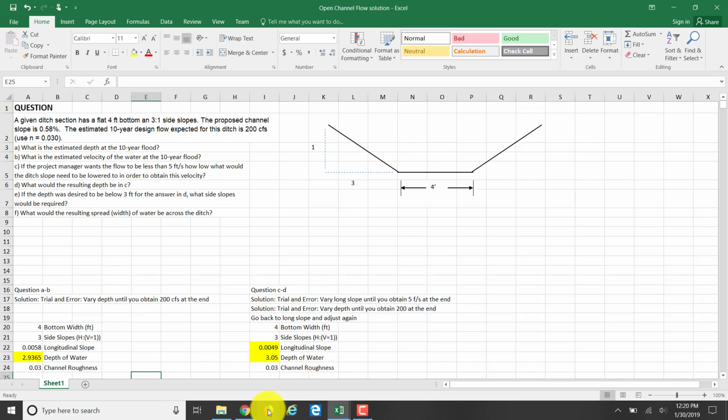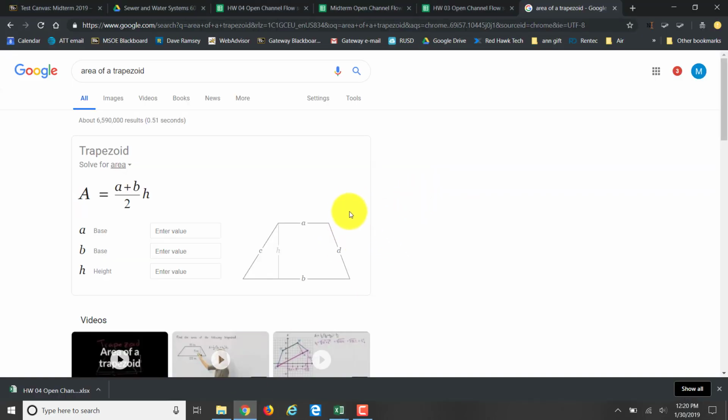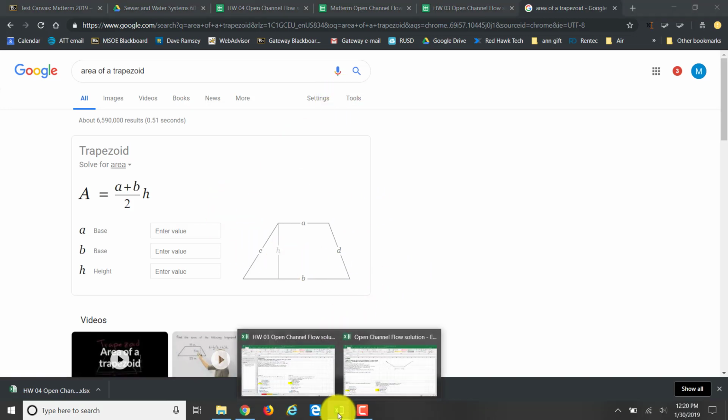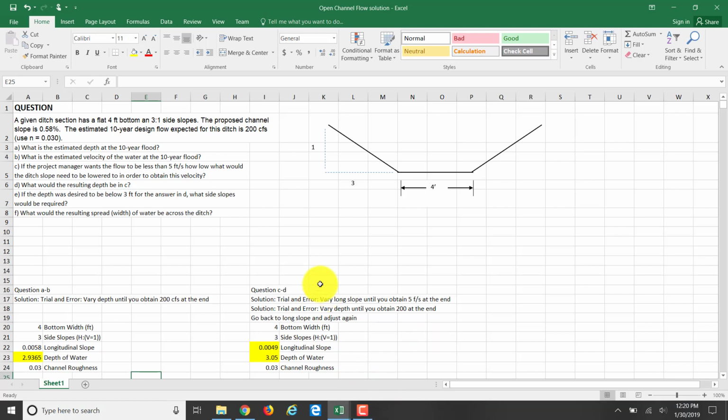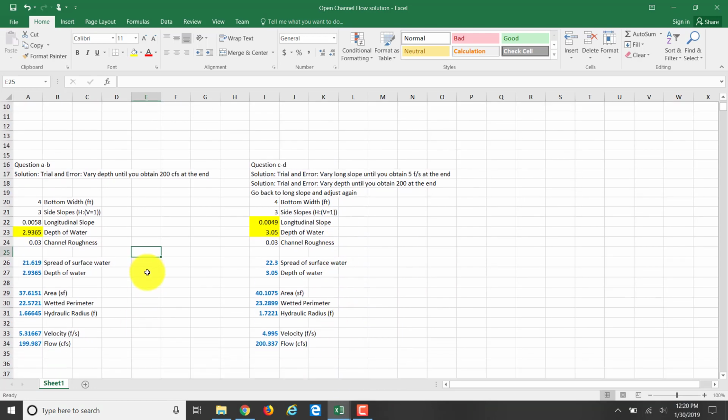So I go back to my area calculation over here. I have A and B, which is the spread of the water and the base of that particular trapezoid. So I have those two items.